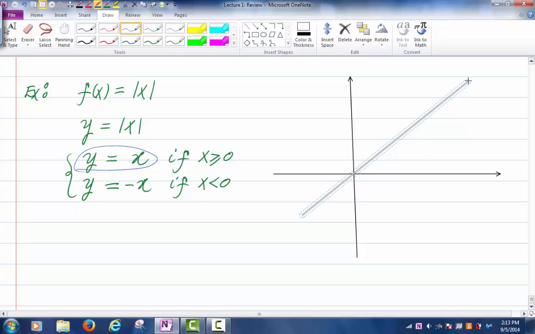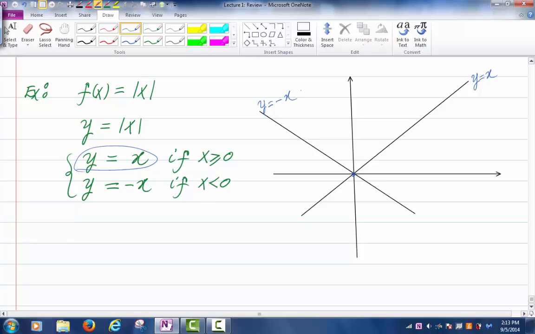And so this is y equals x. And what's the graph of y equals negative x? That would be the other way. Okay, and so this is y equals negative x.